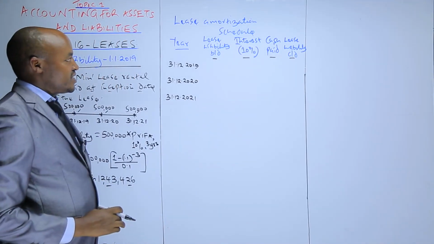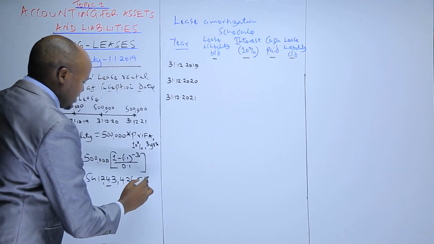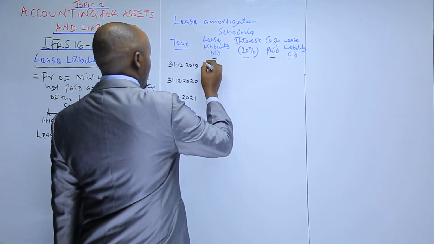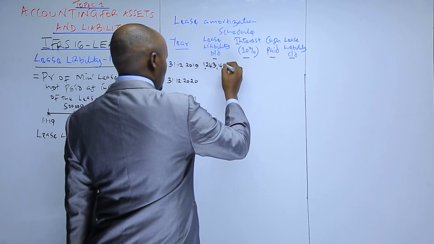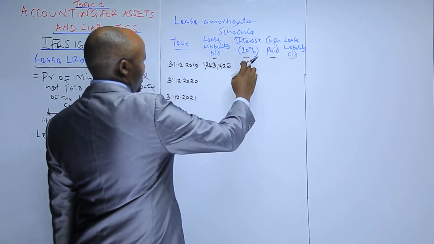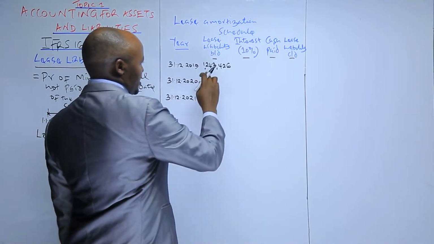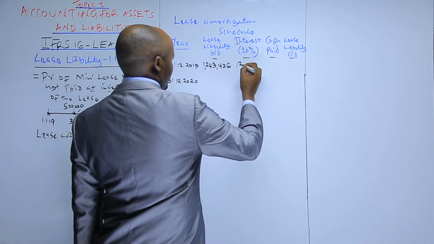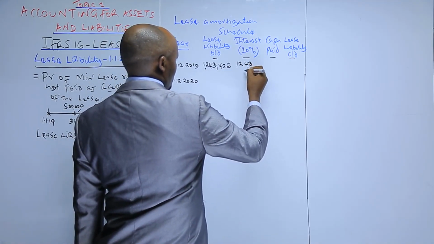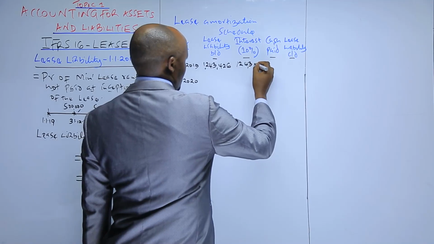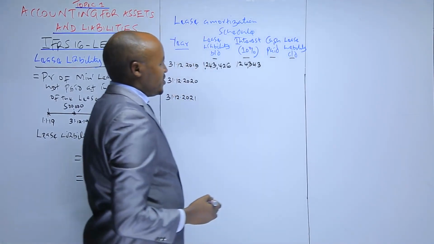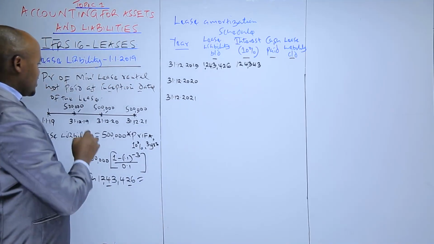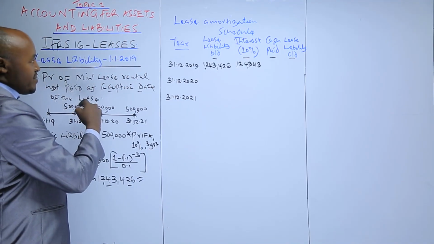It is what you have determined there, the amount of 1,243,426. Then we compute the interest, which will be 10% of this, that is 124,343. And then we know that at the end of year one, we need how much cash, or basically how much rent was paid.